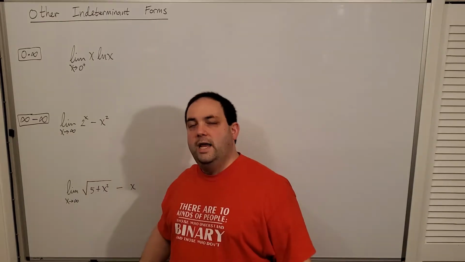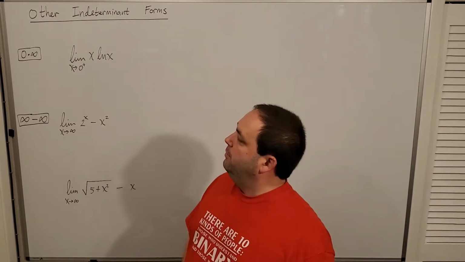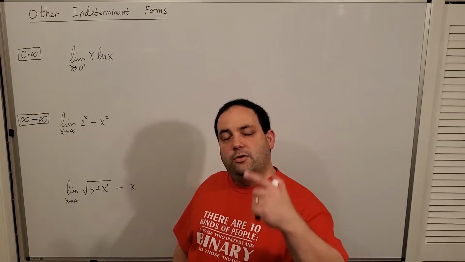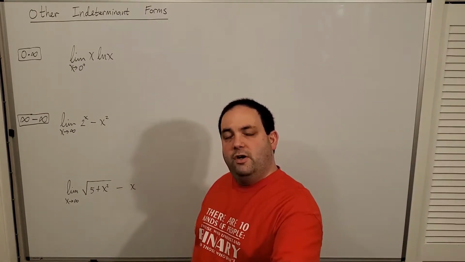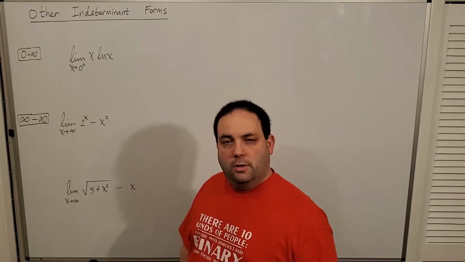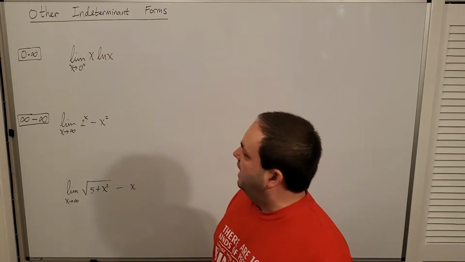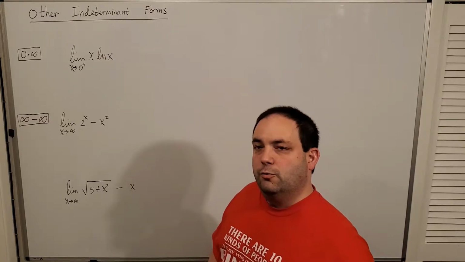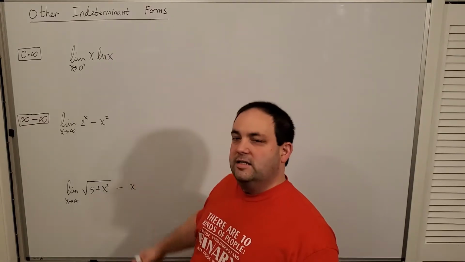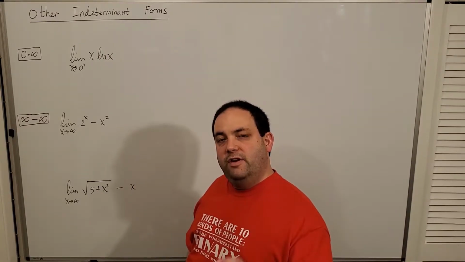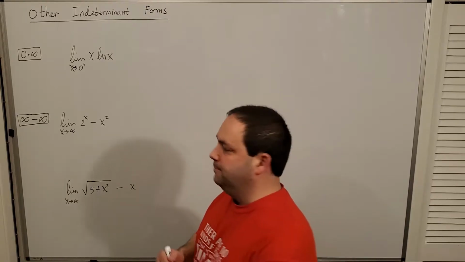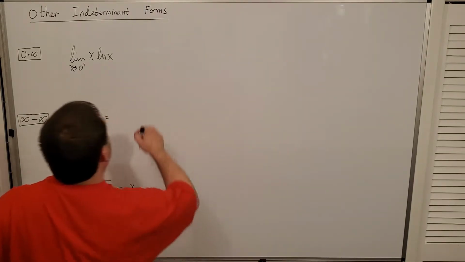So then how do we handle a 0 times infinity? Well, remember, we're interested in getting either 0 over 0 or infinity over infinity if we're going to use L'Hopital's rule. So in this case, it's easier for me to rearrange the x in such a way that I'm going to get an infinity over an infinity here. Okay? So watch, like this.